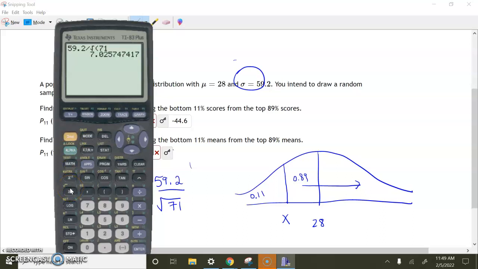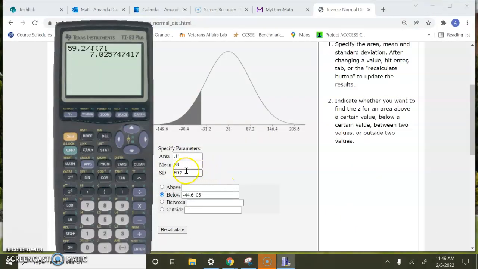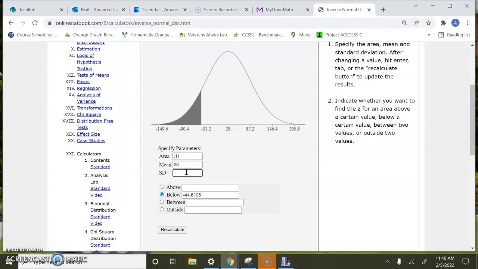That gives me 7.0257. That's kind of a long number. I want to make sure I use several digits so that when we round at the end, it's pretty accurate. Now I'm going to take that adjusted standard deviation, 7.025747, and put it into my calculator. It's the same situation.